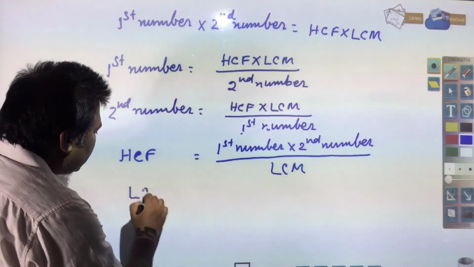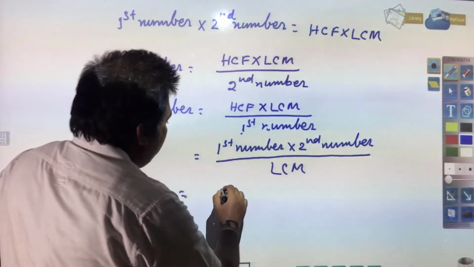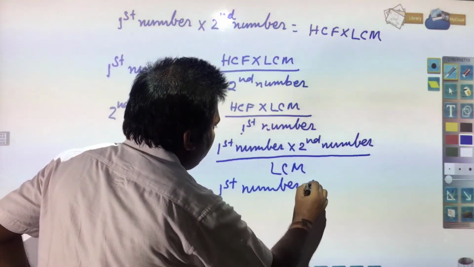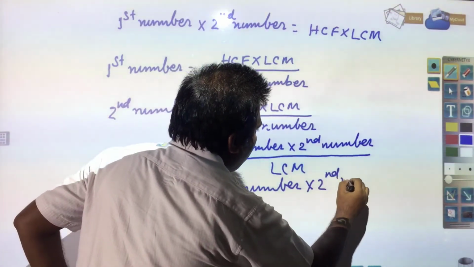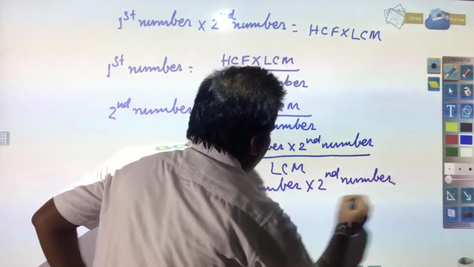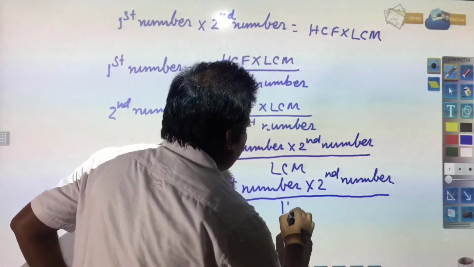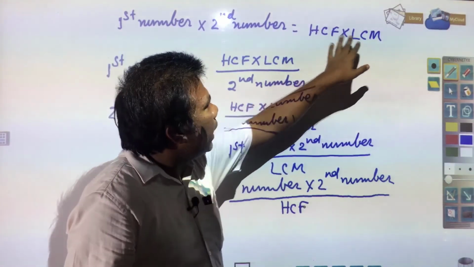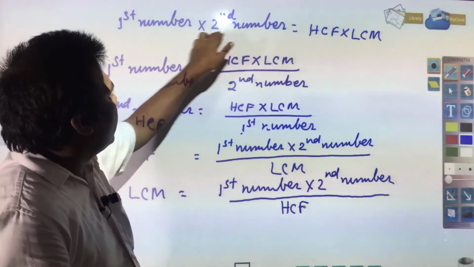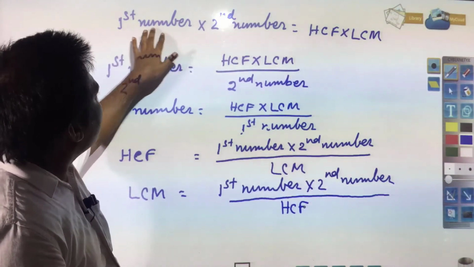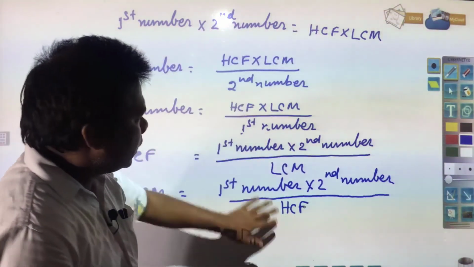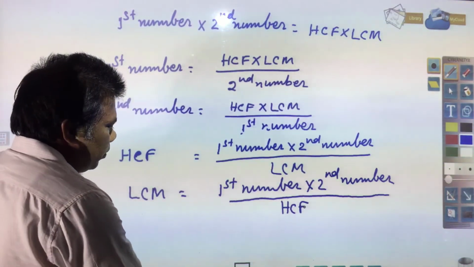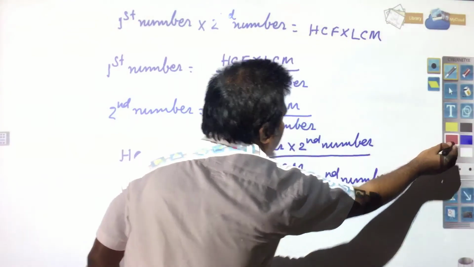In the same way, LCM will be first number into second number divided by HCF. If you need to find LCM, HCF is brought to the left side and will be in the denominator. So, finally, you have got 4 formulas.